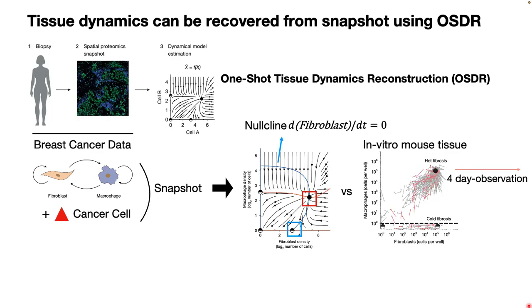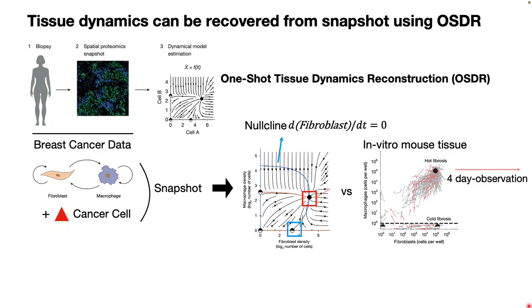First, in this experiment, this is a previous study, they found 2 stable points, which are hot fibrosis and cold fibrosis. So this means they have high fibroblast density here, and each point is attracted to these 2 points.